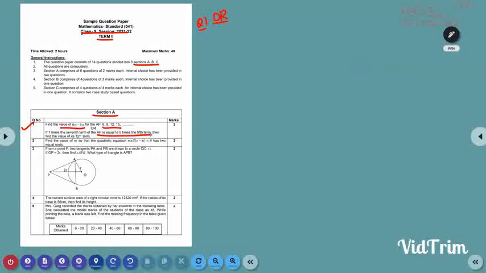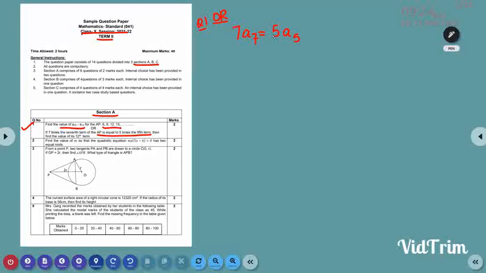So here the 7th term of the AP will be A7 and the 5th term of the AP will be A5. And according to the condition given in the question, 7 times A7 will be equal to 5 times A5. So we can write this as 7A7 is equal to 5A5.